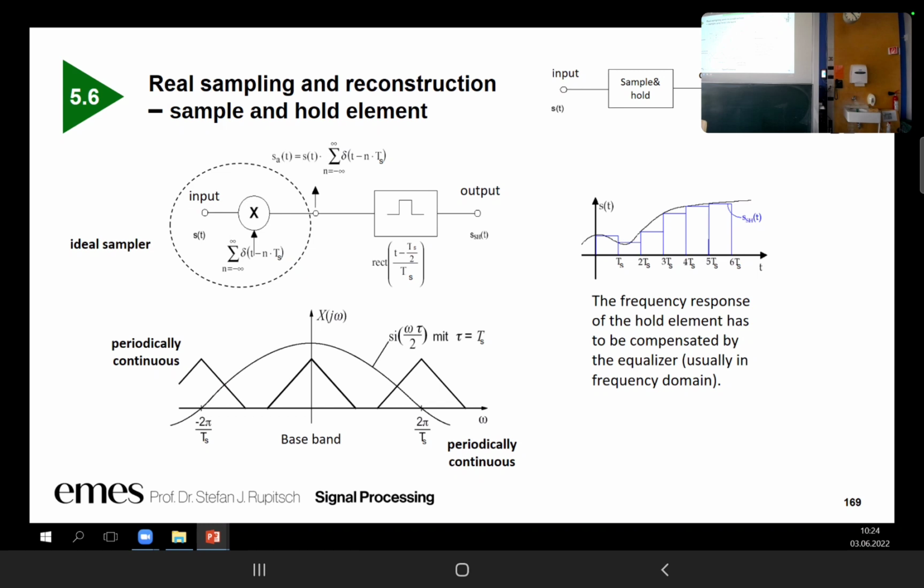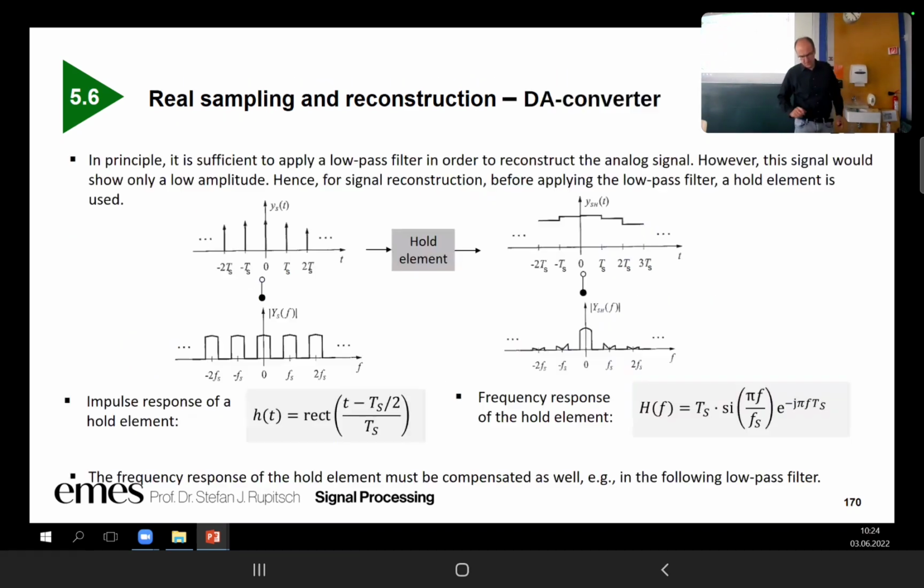Due to the sinc function, our baseband gets affected. What do we have to do? We only have to correct this sinc function, and then we obtain again our original signal with lots of energy. We'll see it on the next slide. The next slide is illustrated a little bit better.